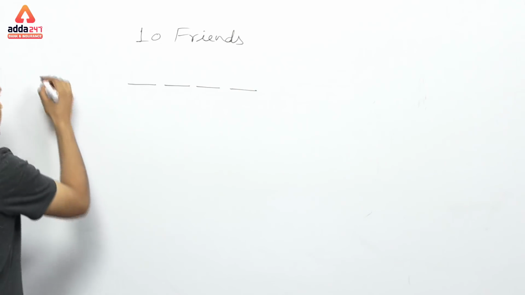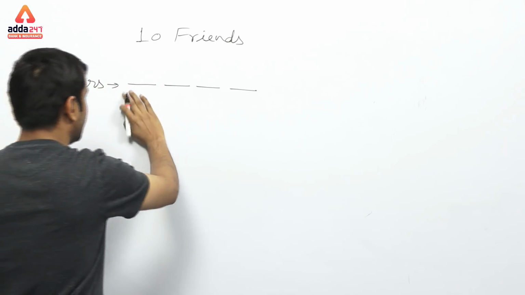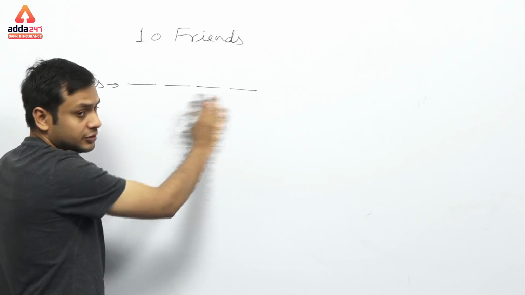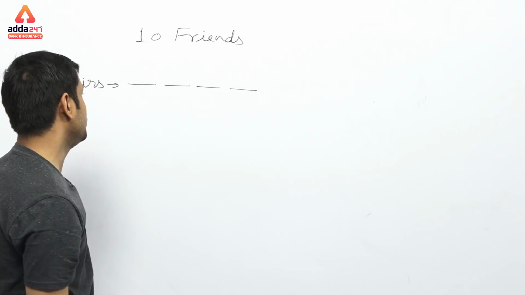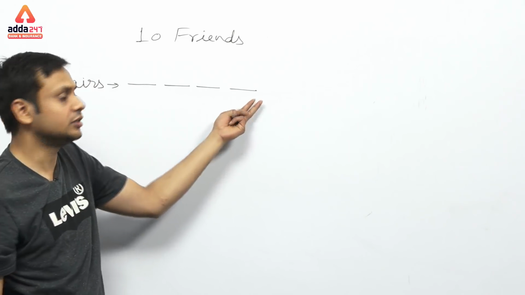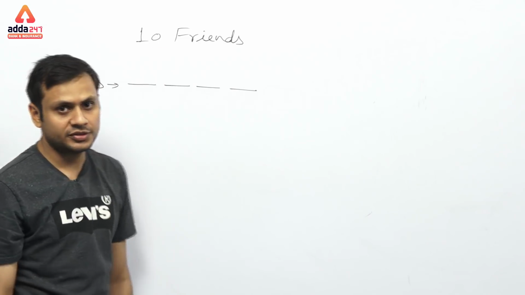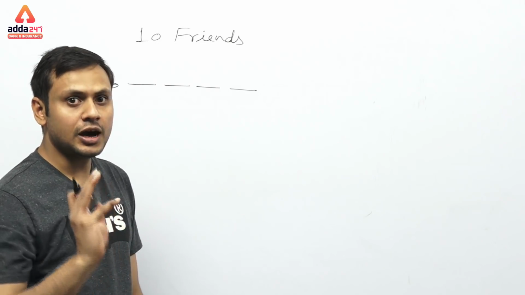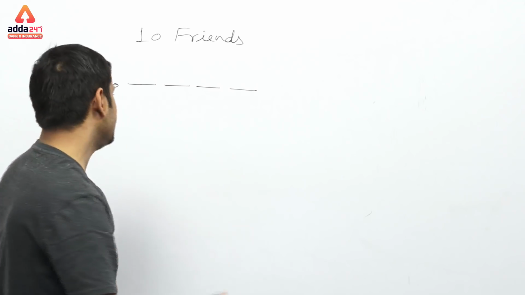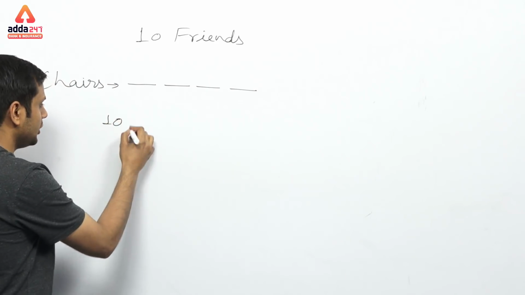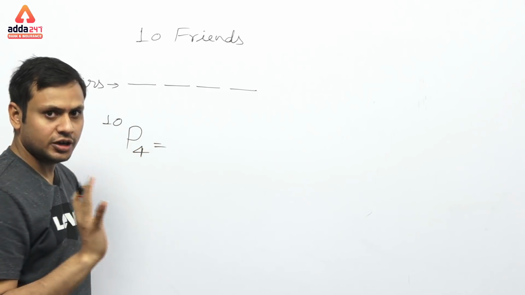In how many ways can any 4 friends from these 10 friends sit on these 4 chairs? Basically, out of 10 we need to arrange 4. That can be done in 10P4 ways. Now we already know the value of 10P4.